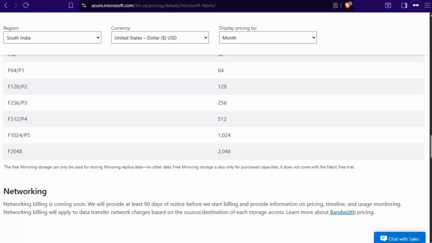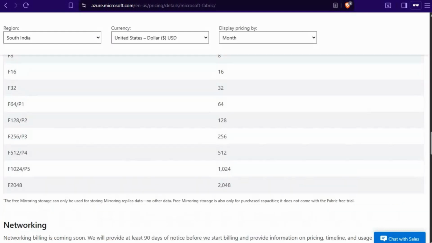As an example scenario, suppose you have an F32 capacity, which gives 32 terabytes of free mirrored data, and you connect a SQL database that ends up using 10 terabytes in OneLake via mirroring. That 10 TB is below your 32 terabyte allowance, so you pay $0 for it.